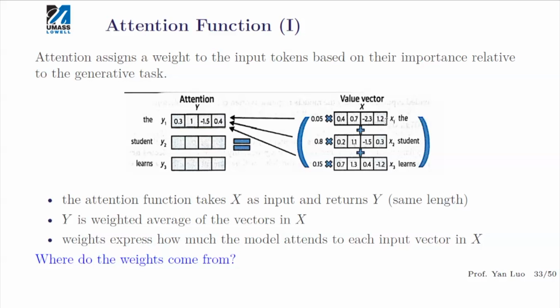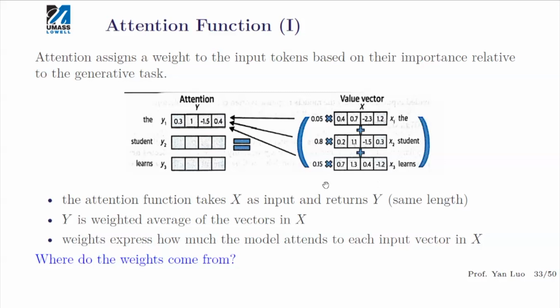So we calculate by doing an attention function: we multiply the weight with the vector, and then add these vectors together. So it's the weighted average of the vectors in this input sequence, capital X, which has 3 tokens.